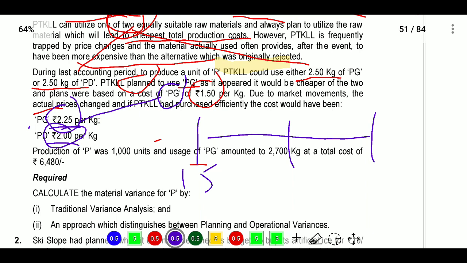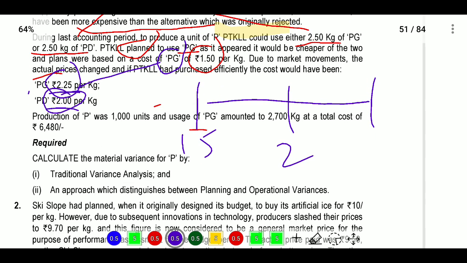We have planned this one. Now the rate of PD will be 2 rupees. If you purchase PD, you can buy at 2 rupees, but we are going for 2.25 rupees.